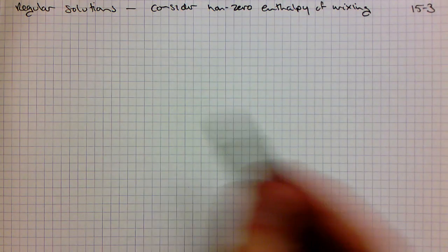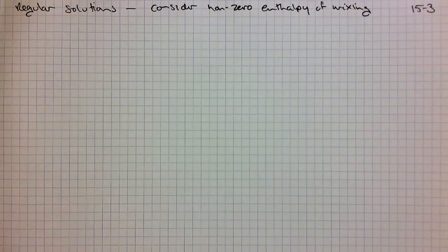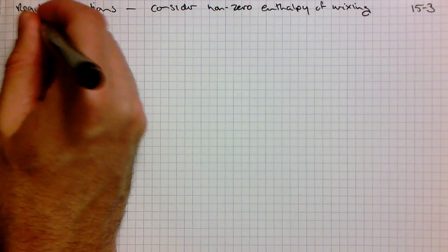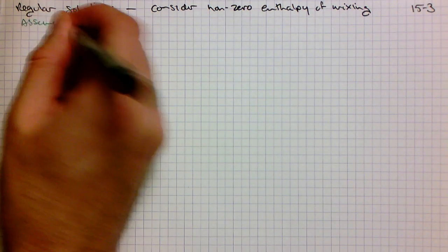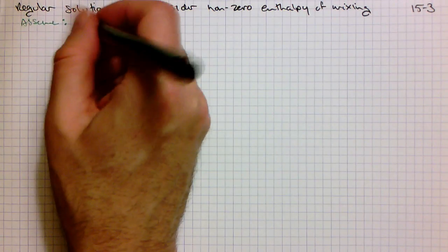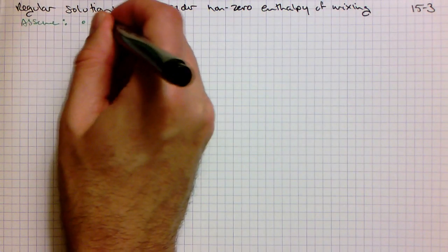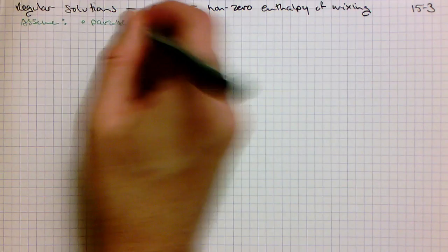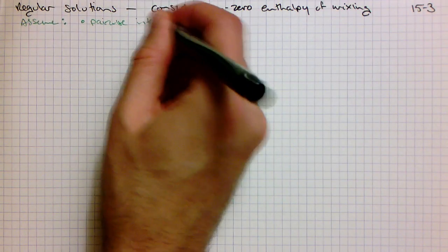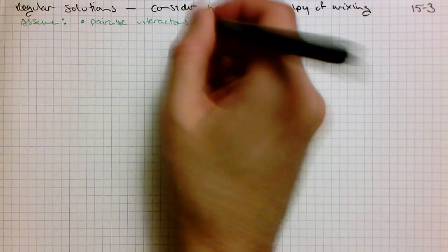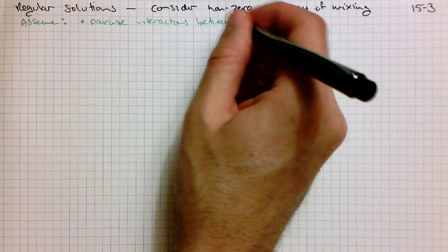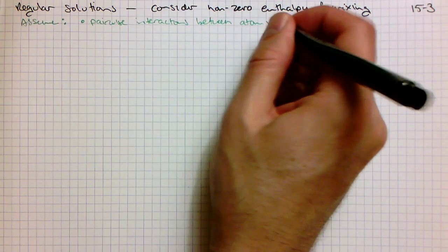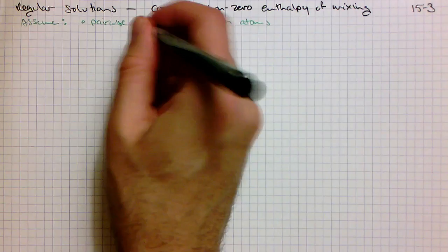So let's try to make our assumptions clear. For the regular solution, we're going to assume pairwise interactions between atoms in the solution.